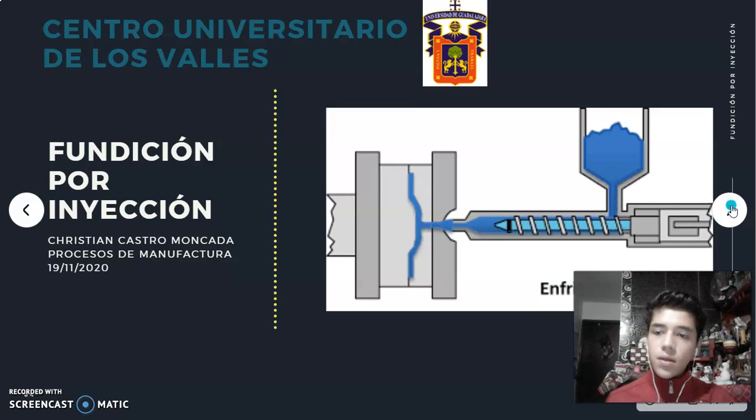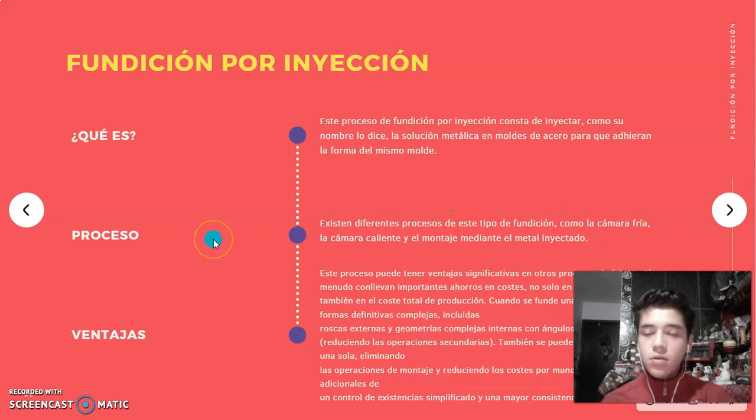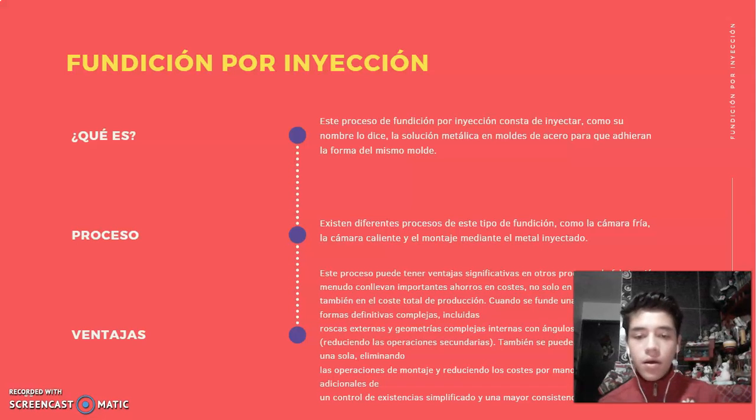So now let's go for fond by injection. Alright, so what does it mean? What is fond by injection? Well, this process goes hand in hand with the one that we just talked about, which means that we are only going to be injecting the liquefied metal into the permanent mold, so we can get our pieces.